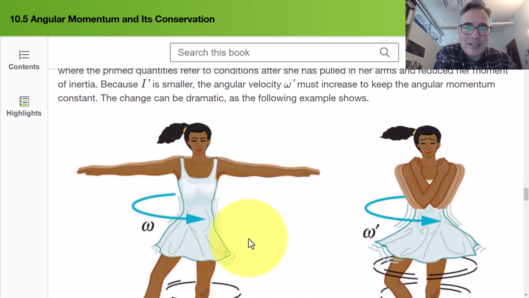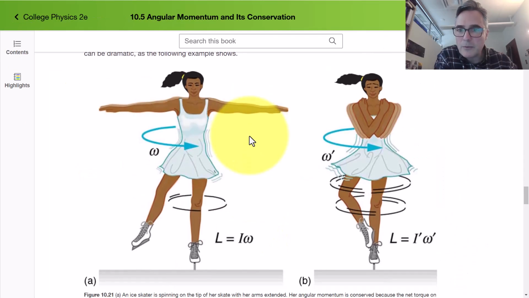And this is where we get to that skater who's spinning with initially her arms outstretched, and she's got some omega, her angular velocity, but she has a high rotational inertia or moment of inertia because her arms are outstretched, and so more mass is farther from the rotation axis, which is in the middle. If she then brings her arms in, I prime here is the new moment of inertia, which is less.